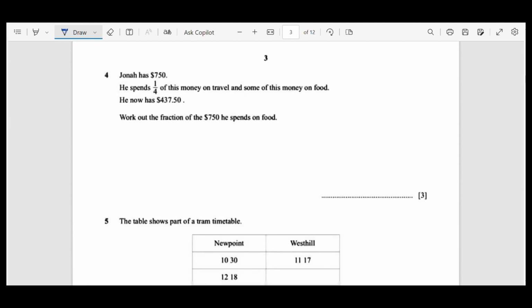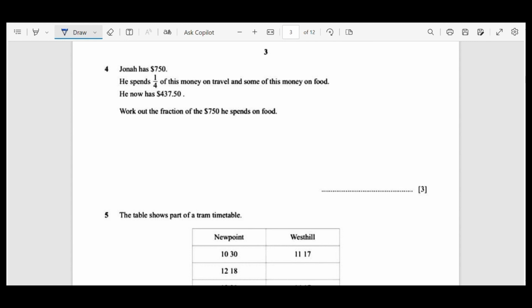Next question number 4. Jonah has $750. He spent 1/4 of this money on travel and some of this money on food. He now had this. Work out the fraction of $750 he spent on food. So first we need to find the amount he spent on food.